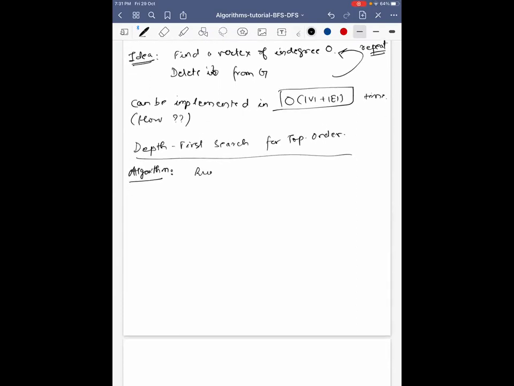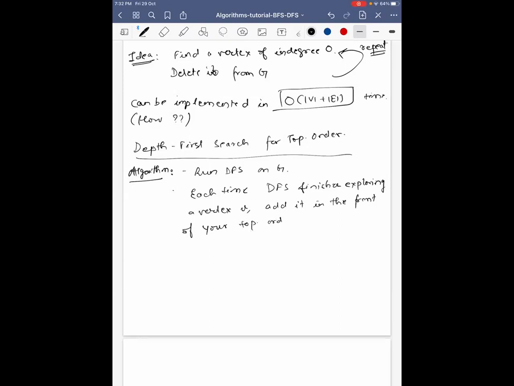Run DFS on G, and each time DFS finishes exploring a vertex V, add it in the front of your topological order.